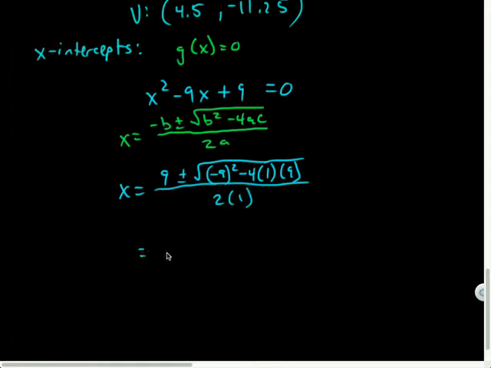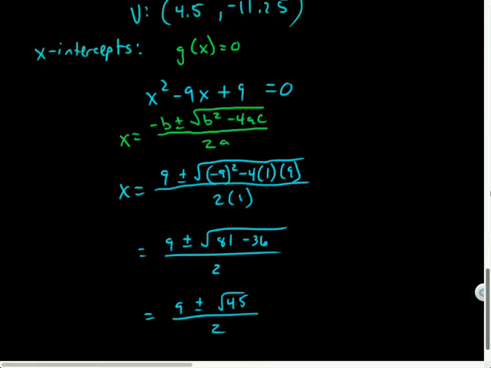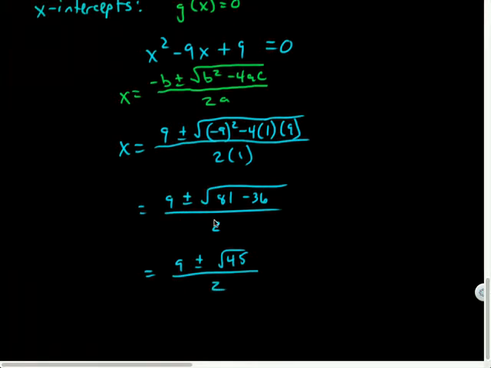All right, equals 9 plus or minus, cruising right along. Yeah, I know you are. 81 minus 36 over 2 equals 9 plus or minus square root of, is that 45 again? 45 halves? No, it's root 45.